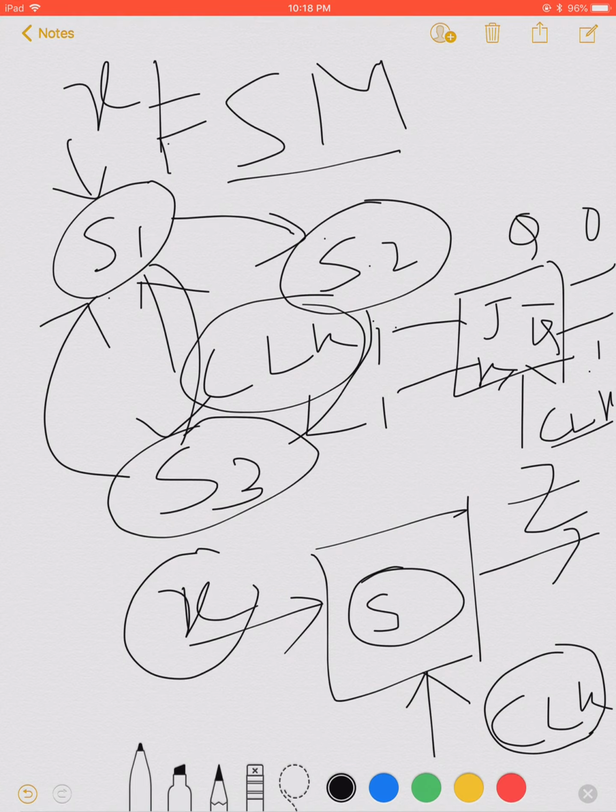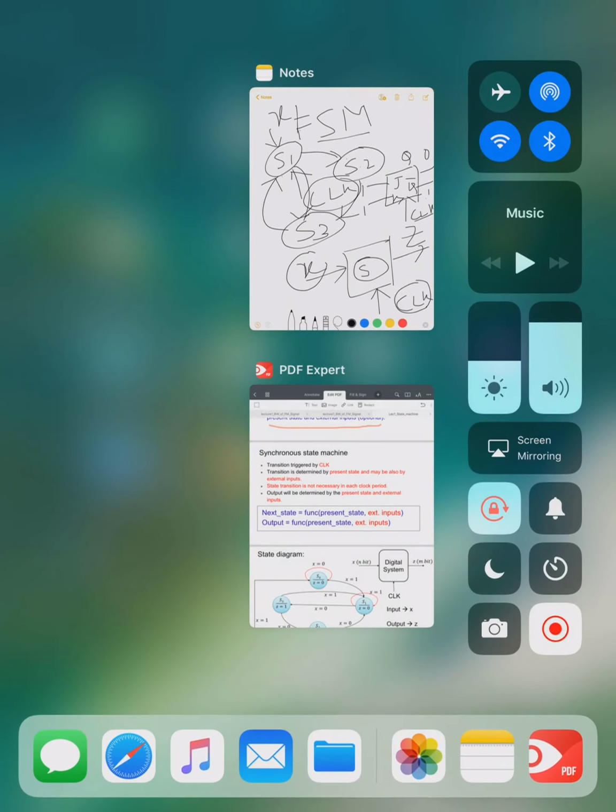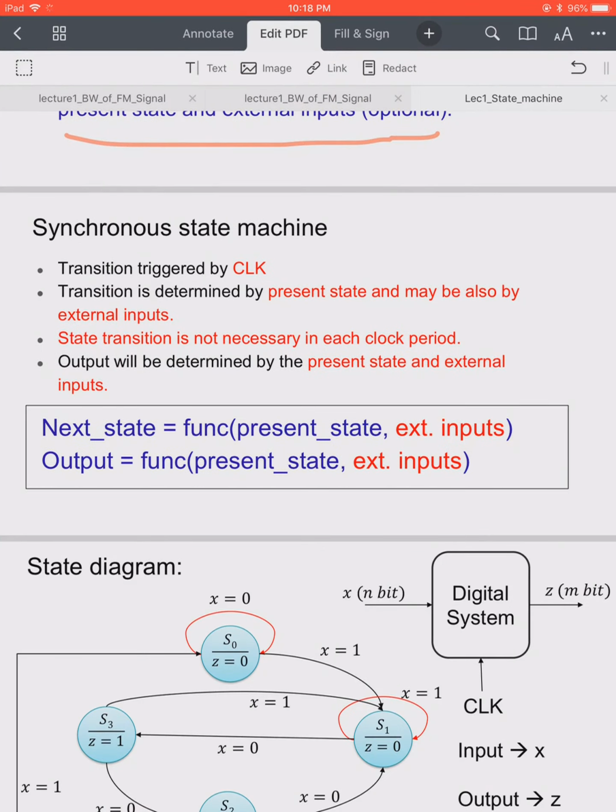Suppose the inputs are such that it stays at the same state for a long period, so it is not necessary that it always changes its state just because the clock is giving a positive transition. It may hold its state. In general it will be determined by the external inputs and triggered by the clock. So the state transition is determined by the external inputs and the present state, but it does not necessarily change its state in each clock period.